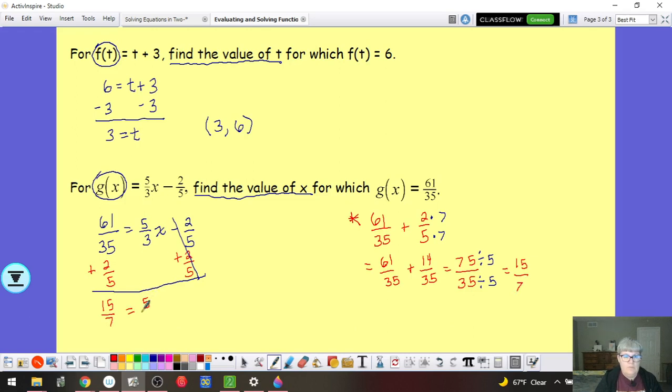equals 5/3 x. Now remember, when you're dividing by a fraction, you're actually going to multiply by the reciprocal. You're going to do the dot flip.